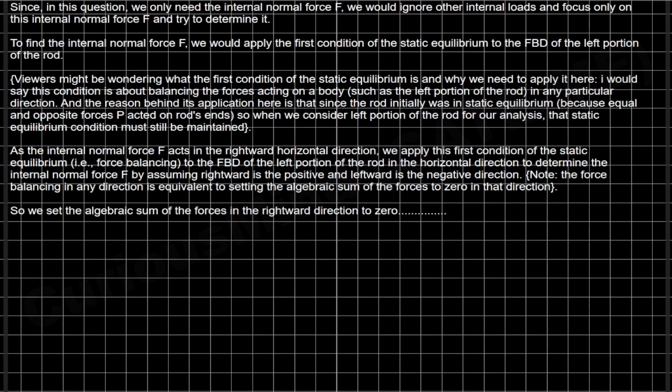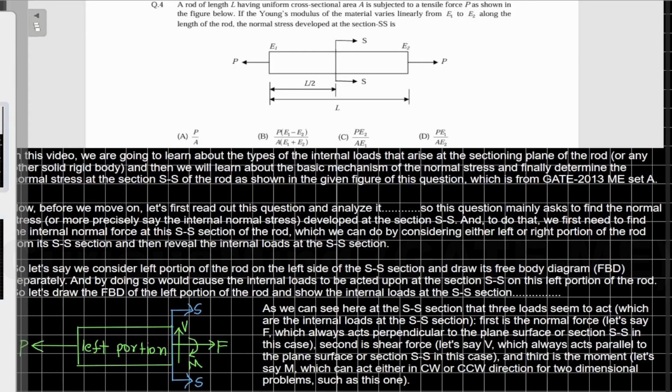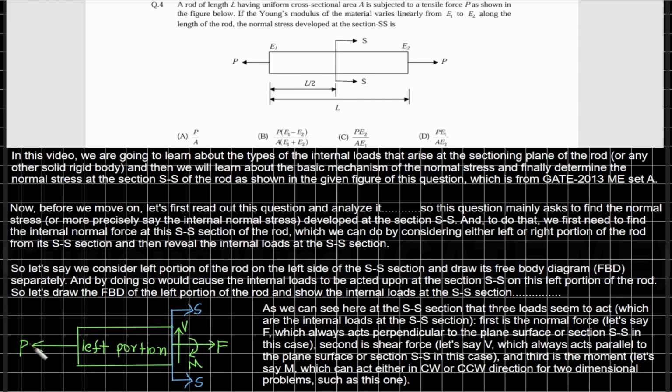Meaning that in our free body diagram of the left portion of the rod, what we would do is set the net force on this left portion of the rod to 0 in the rightward direction, right?